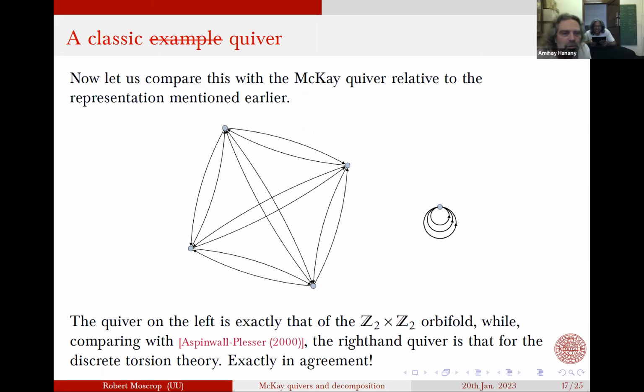I just wanted to ask, so if you write the quiver and superpotential for C3 mod Z2 × Z2, you find that the moduli space is a union of several components. The main one is C3 mod Z2 × Z2, and then you have subcomponents, possibly of lower dimension.